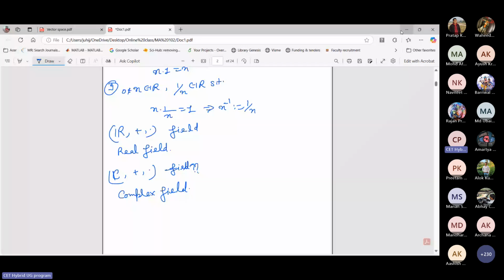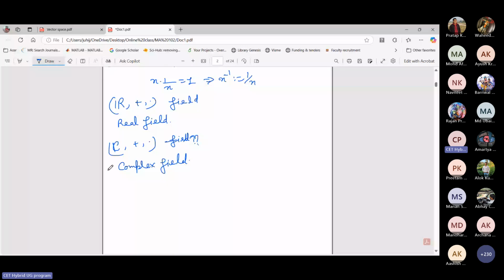So it is your homework for today. Verify whether this C with respect to usual addition and usual multiplication is a field or not. For more specification, I can define C as the set of numbers A plus iB, where A and B are real numbers. How are addition and multiplication defined?